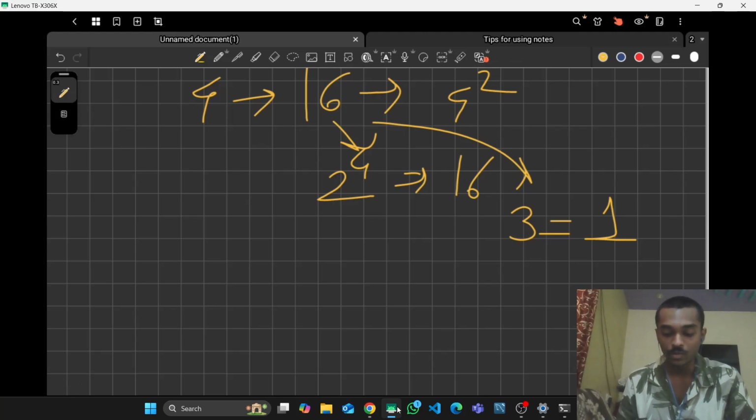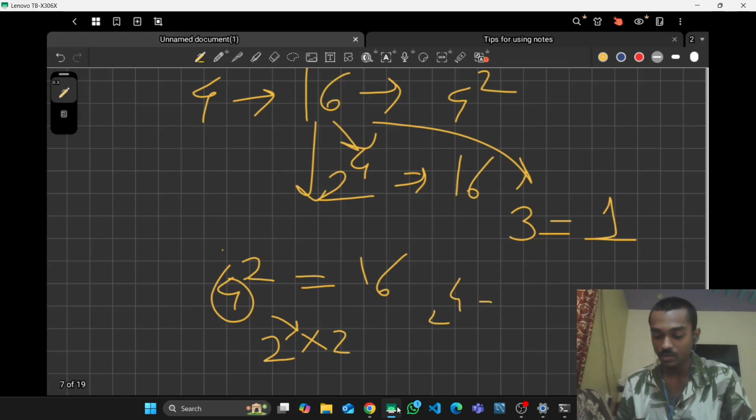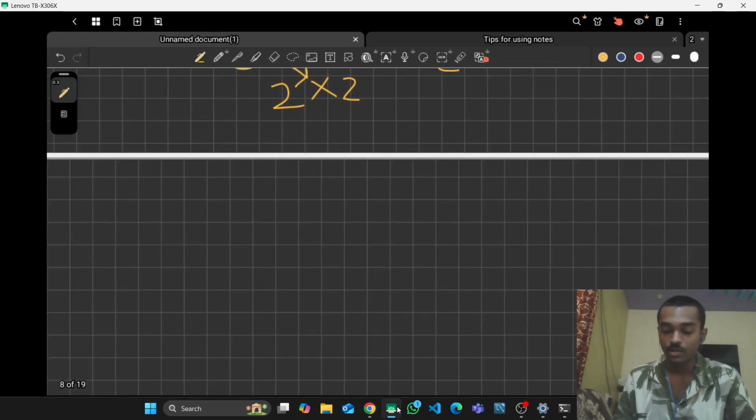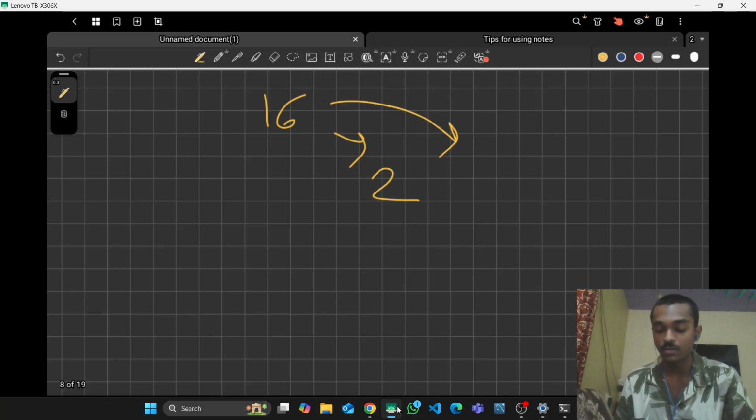If the number is 4 to the power of 2, it is 16, and 2 into 2 is 4. So 2 to the power of 4 is 16. So this is kind of a trick. If the number 16 is a power of 2, and when it is divided by 3, it will give a remainder of 1.